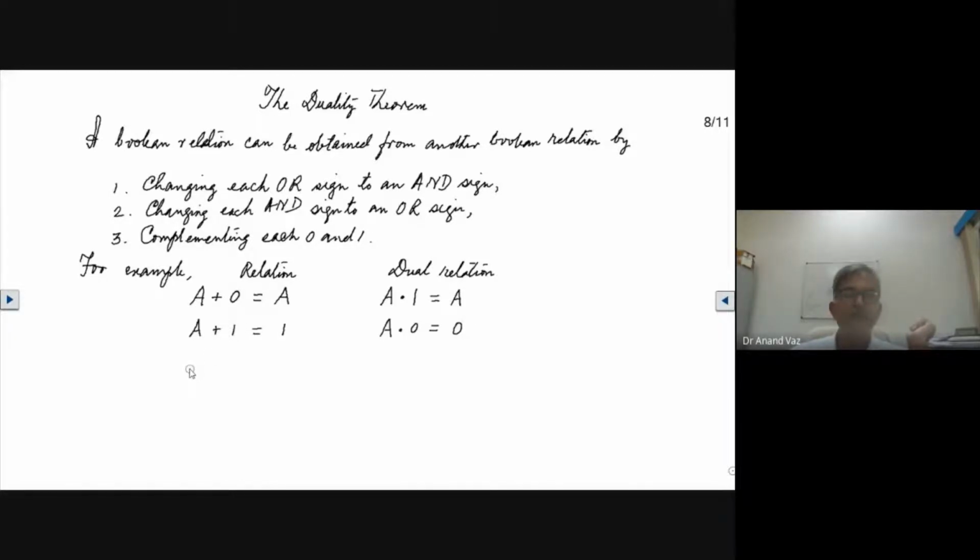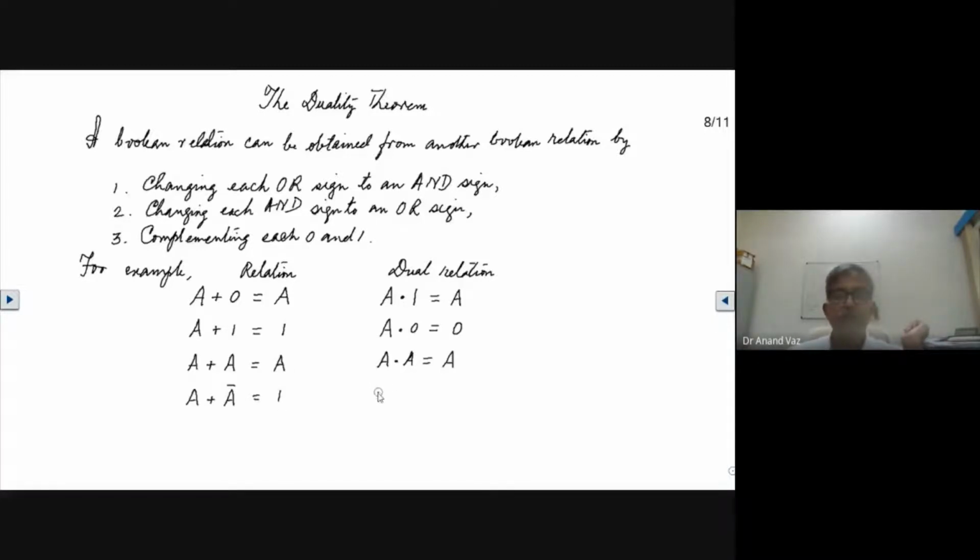In the same way, you can take A or A, and here you get A. And if you see the dual of this relation, it is A, replace the OR sign with an AND sign, A and A equal to A. And finally, A or complement of A, we know that this is equal to 1.